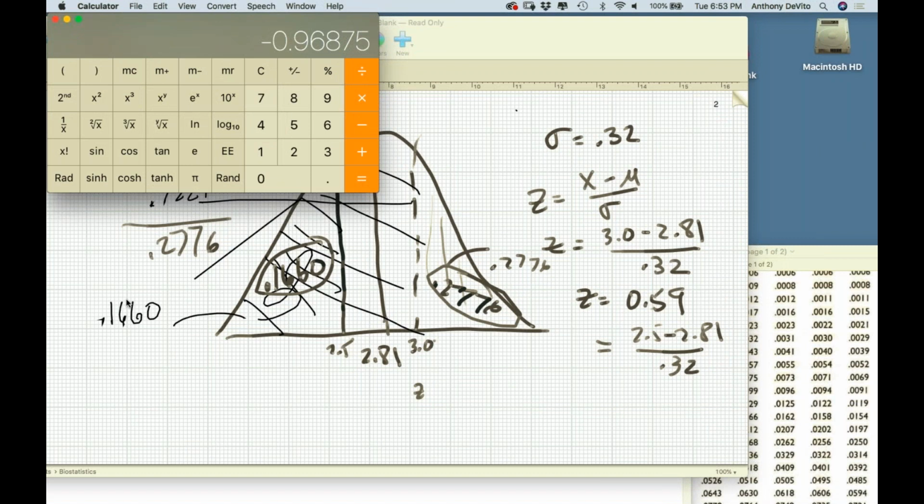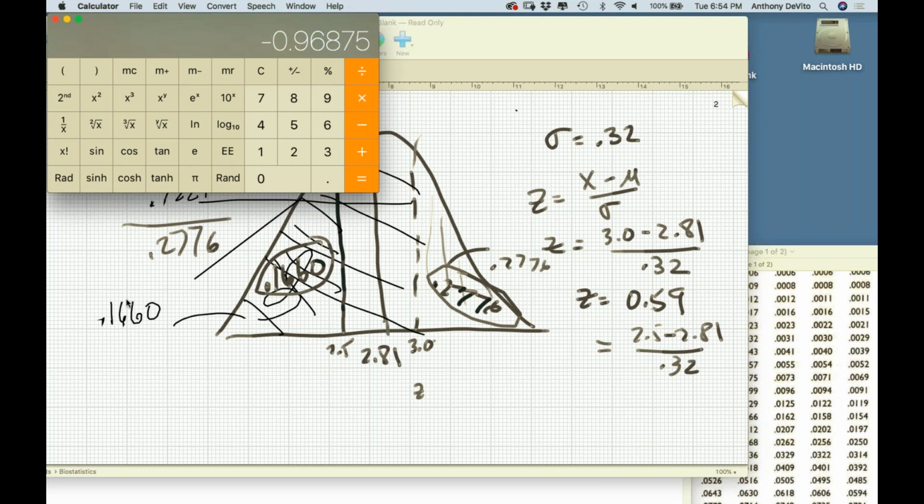Right, it's a little less than 1, right? 0.31 over 0.32 is a little less than 1. It's negative because we're on the left side. And that's what we use to find the z-score, right? And then we were asked for the area below that. So we go to the first table, which is the negative z-scores, and from that point down, that's the area we're looking for.